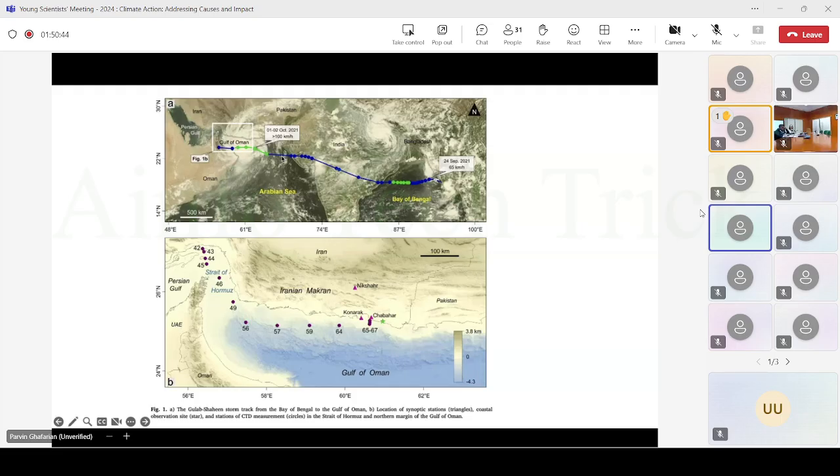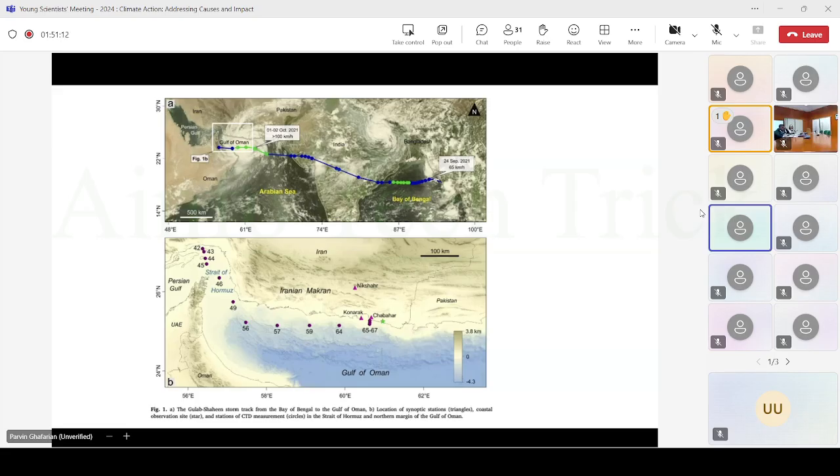Using meteorological and satellite data, measuring the physical and chemical properties of the water column by CTD a few days before and after the cyclone, and coastal observations, we analyzed the impact of Cyclone Shaheen on the northern shelf of the Gulf of Oman in Iran.